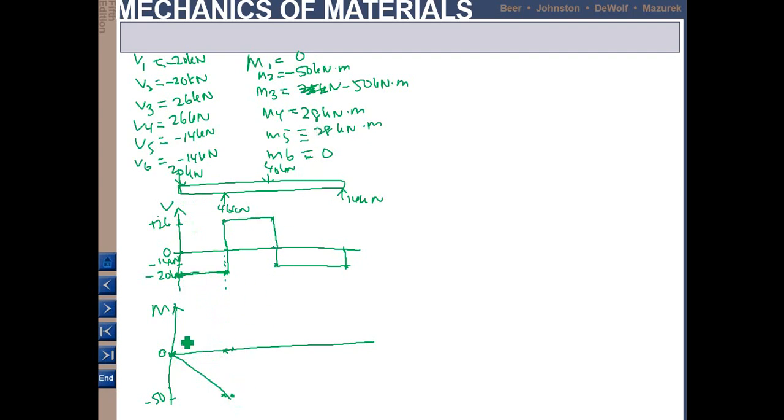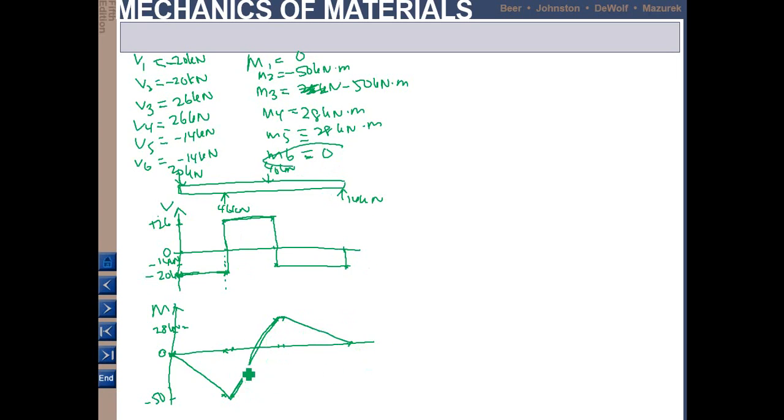M4 is plus 28 kilonewton meter. So this is point 4, and then point 5 here, this is 28 kilonewton meter, and then M6 is 0. Because the shear force is a straight line, you get the bending moment as an inclined line, and then you move to 0 because M6 is 0.